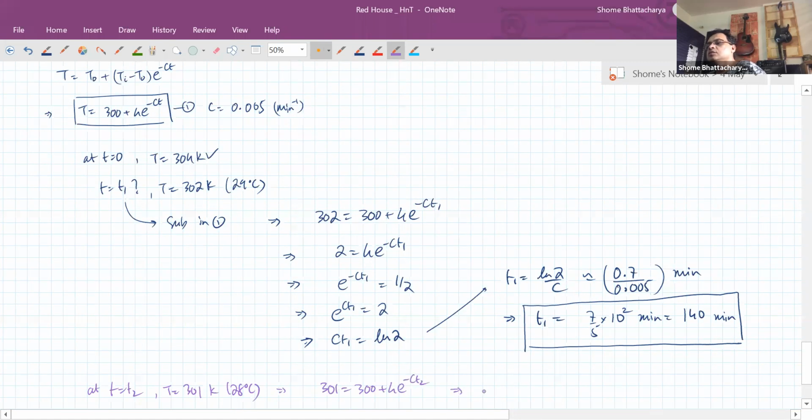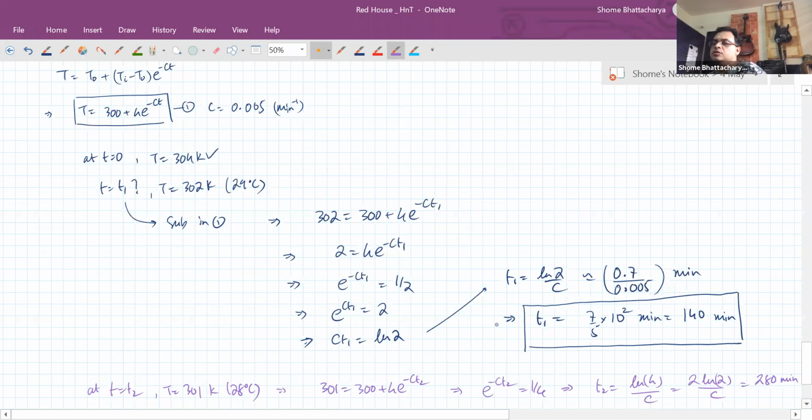So when you do this calculation, you'll see that you'll get e raised power minus Ct2 as 1 by 4, which means you will get T2 as ln 4 by C, which you can write as 2 times ln 2 by C, which you will see is 280 minutes.